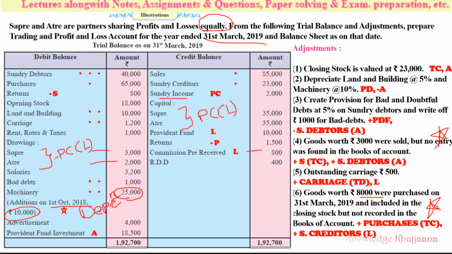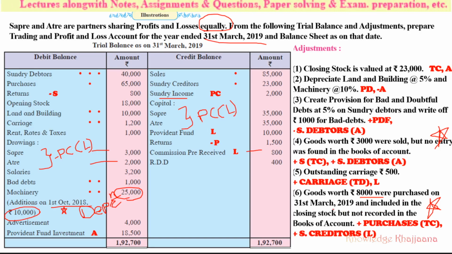Okay, so first of all what we have to do, we have to record those goods to purchases. Okay, purchases, we will make one mark and record those goods which were purchased. And the goods were purchased, but then what happened? The goods were not sold. How do we come to know?